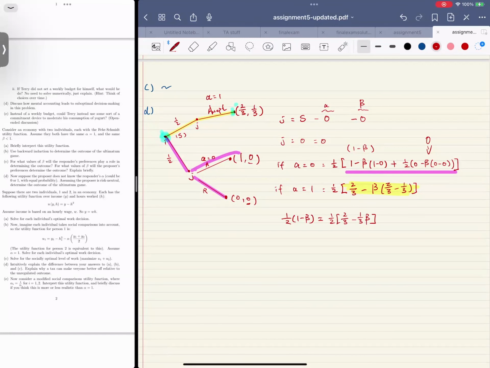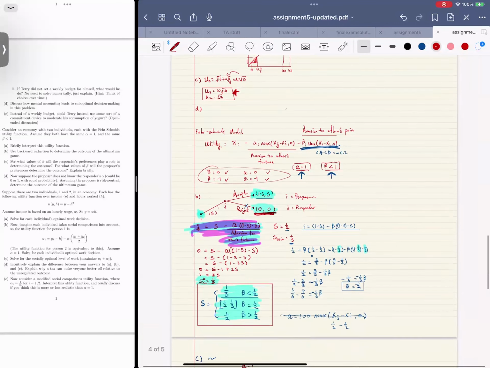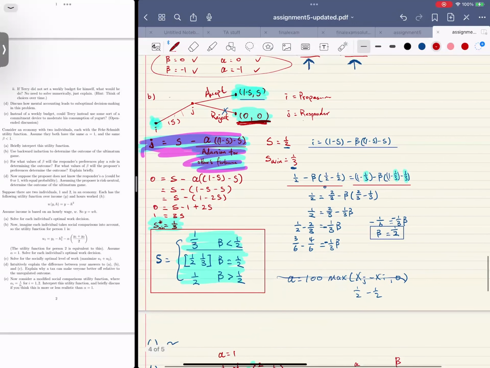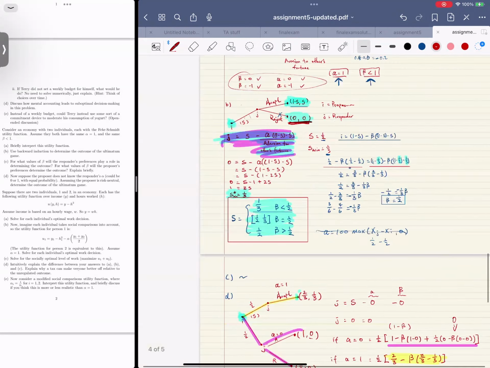So this is the equality. We set A equals 0 equal to A equals 1. We're trying to find the equality in which I is indifferent because we still don't know the beta yet, right? Just like previously we set up that inequality.